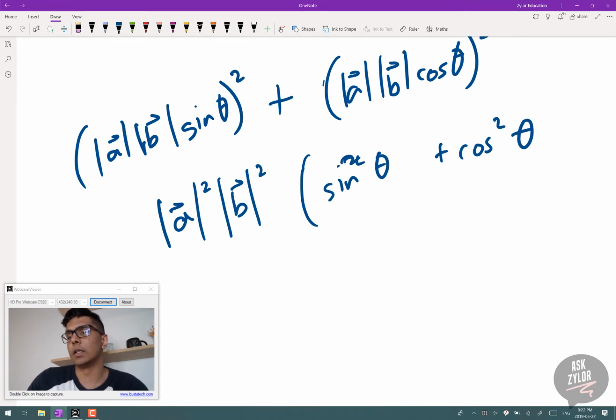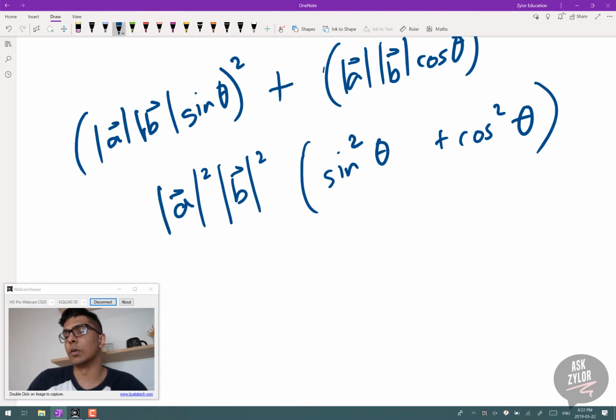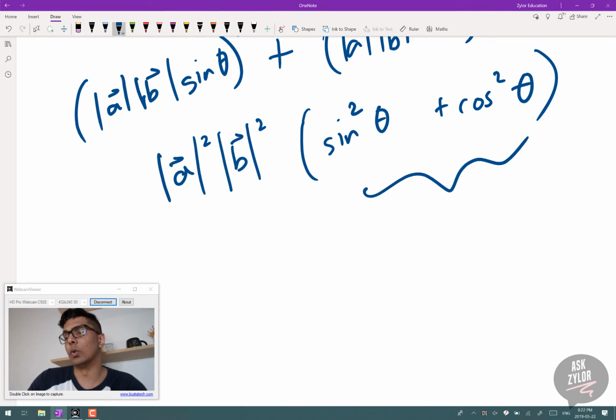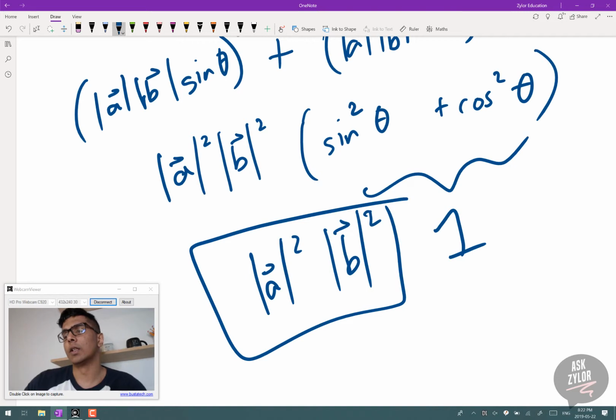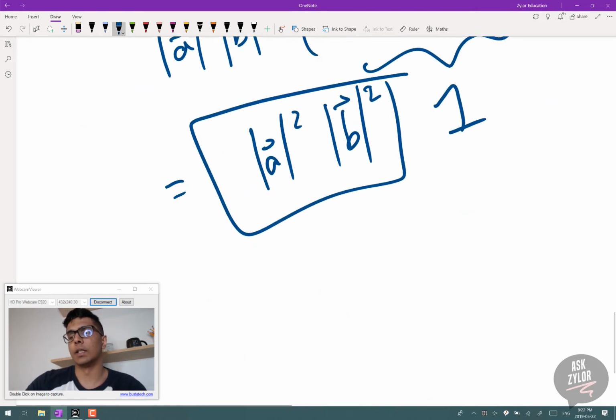This is a trig identity you should be familiar with. Sine squared plus cos squared is just 1, right? So this gives me the magnitudes just squared, so that's what I've simplified the left side to be.